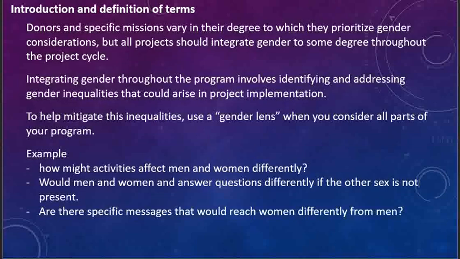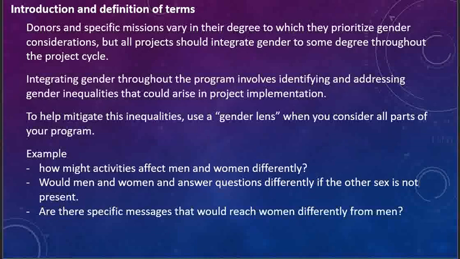All right, so all the donors and all the missions have gender strategies. Some of these missions and donors have gender strategies which, for example, have a specific objective that focuses on gender integration.